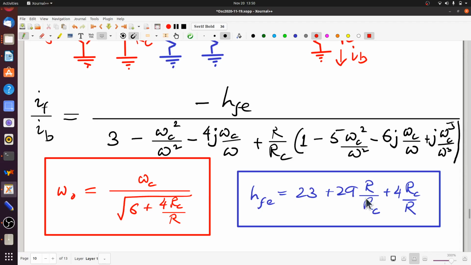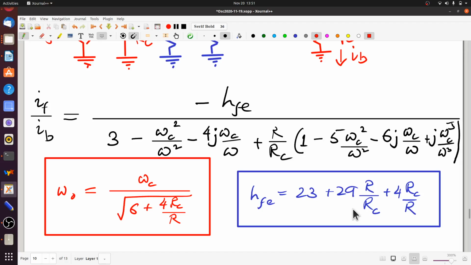On the other hand, if you look at this expression, it should be easy for you to figure out that this expression on the right hand side has a minimum as you change R. So that will give you the minimum possible value of HFE for which oscillations will be self-sustained. Any smaller HFE for your transistor, this circuit will not oscillate, no matter how you change your R or RC.